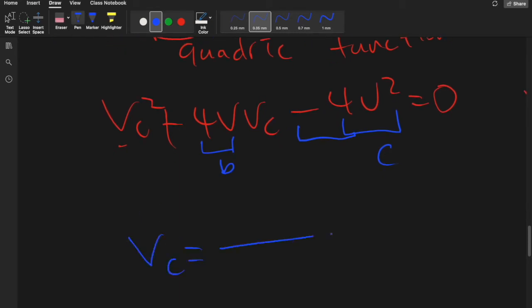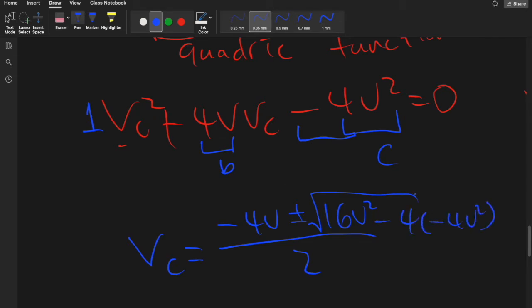VC is going to be equal to 4V plus or minus the square root of 16V squared minus 4 times negative 4V squared, over 2. Right? So let's check if there's any error.